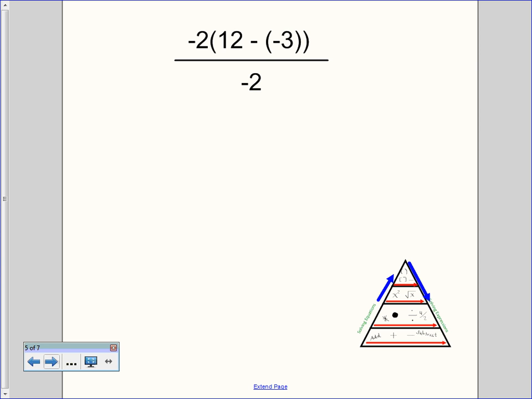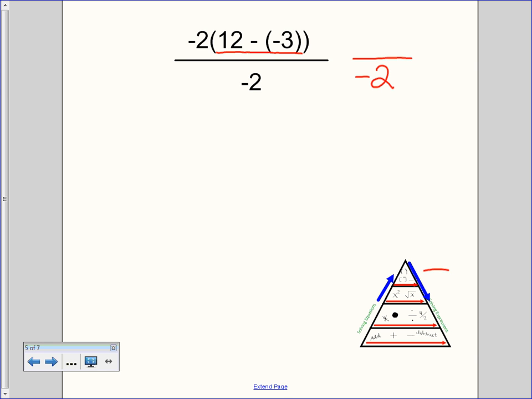First part we're going to do is groupings. And in this case, we have a couple of different things we need to do. We need to do our parentheses up on top, but we also have to get a number up on top in order to divide. This bar means we're going to divide by a -2.